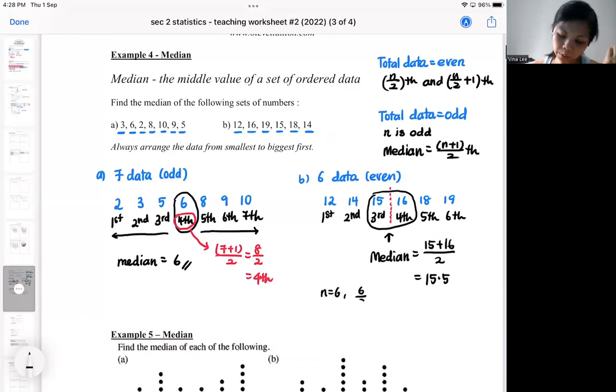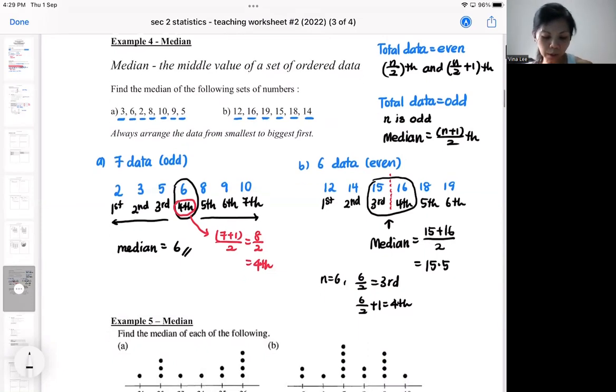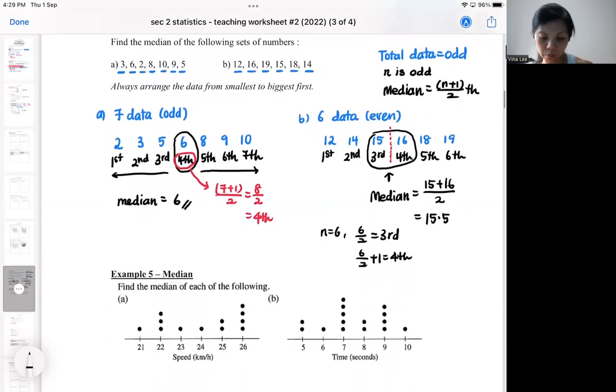So 6 over 2 is the third data, and 6 over 2 plus 1 is the fourth data. So you take the average of the third and the fourth data. Okay, so that is the difficult part. If you want to go to the middle value, it depends on whether the total data is even or odd.